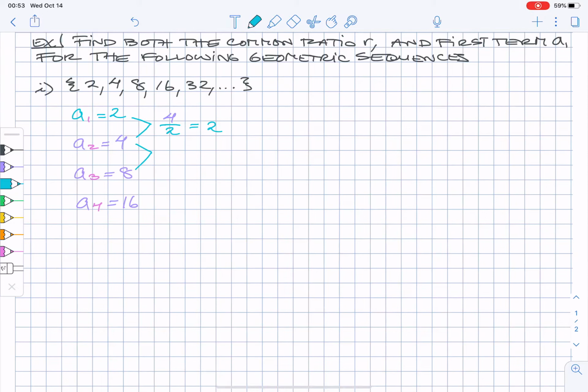Similarly here, the next term is 8 and the previous term is 4, so this gives us a common ratio of 2. The next term is 16 divided by the previous term 8, so once again we get 2. So I claim that the common ratio r is 2, and we've listed the first term as 2 as well.